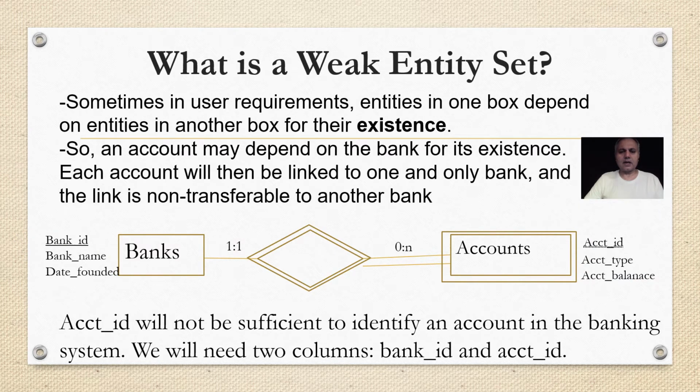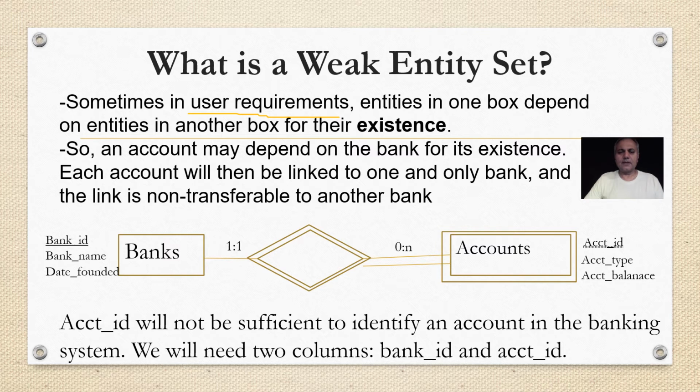Okay, so we looked at accounts as belonging to a bank in the previous slide, where each account existed independently. It was linked to a bank, but it had its own account ID. But sometimes in user requirements, this may not be the case. So let's take a different example.